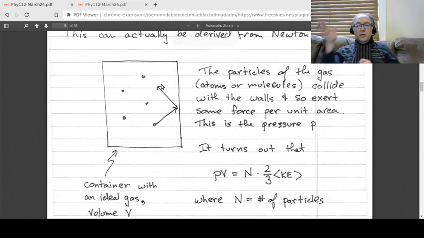All these molecules and atoms are smacking into the wall over and over again. It's almost like rain. It's being pummeled by these continuous collisions, and some of them are coming in steep, some are very shallow collisions, some are moving slow and some are moving fast. So there's a statistical distribution to the different motions of these particles.